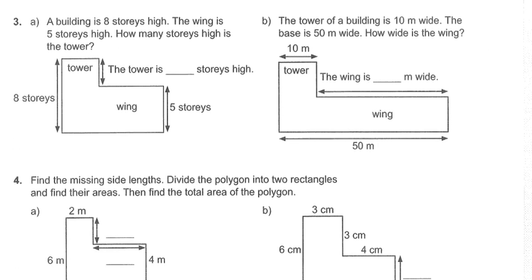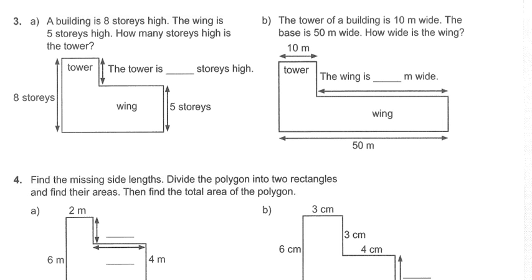So question 3 is saying that we can kind of figure things out by looking at measurements on these shapes that are made up of rectangles. So 3A says a building is 8 stories high. The wing is 5 stories high. How many stories high is the tower? So from this, if this is 8 and this is 5, then we should be able to figure this out.